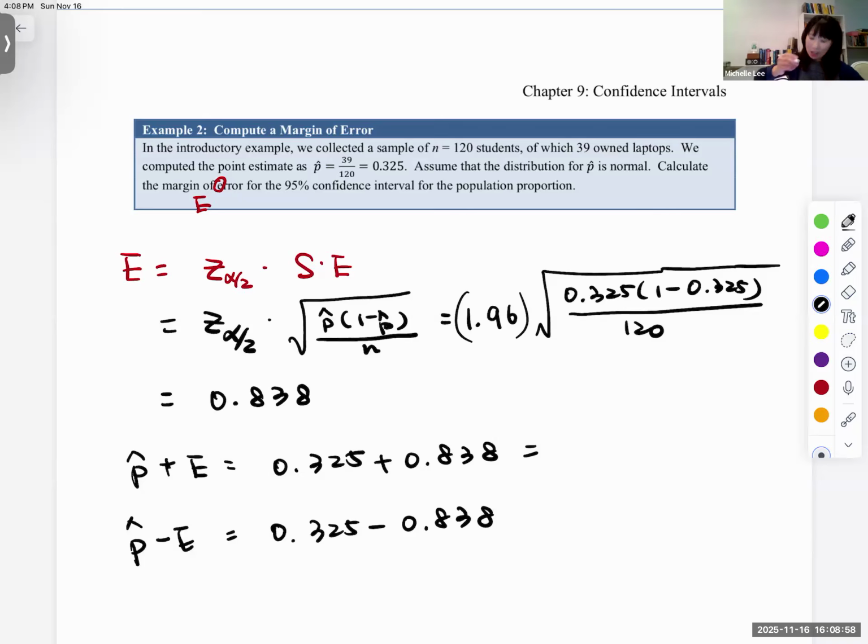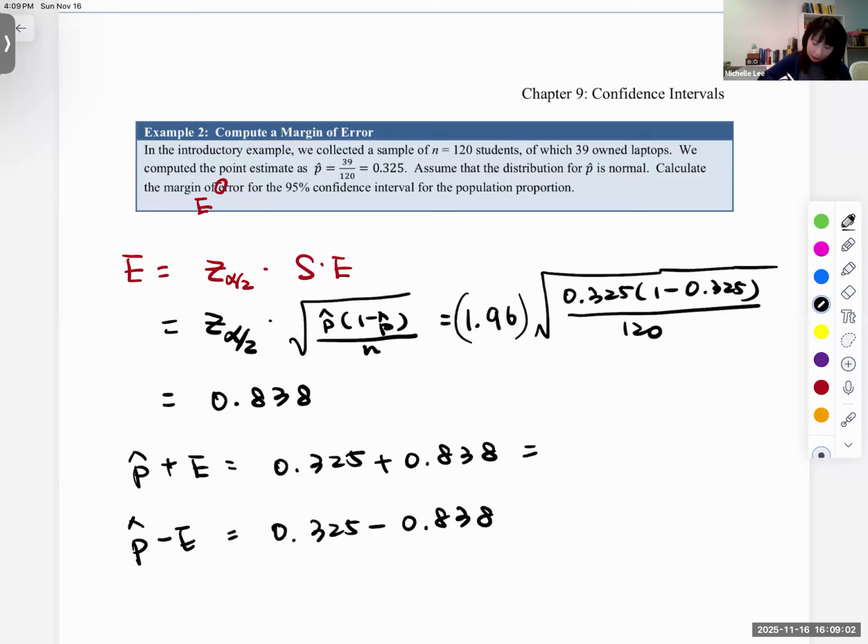Good. So this is what we call the upper limit, lower limit. And other textbooks indicate upper bound, lower bound. So we get the upper limit 0.4088 and the lower bound 0.2412.